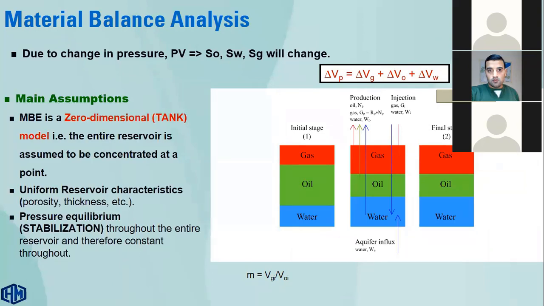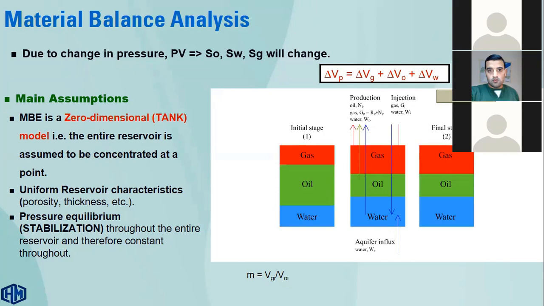Now it's important to know the main assumptions of the material balance equation. The first one is very important. Material balance is typically a zero dimension or tank model, which means the entire reservoir is considered as a point.